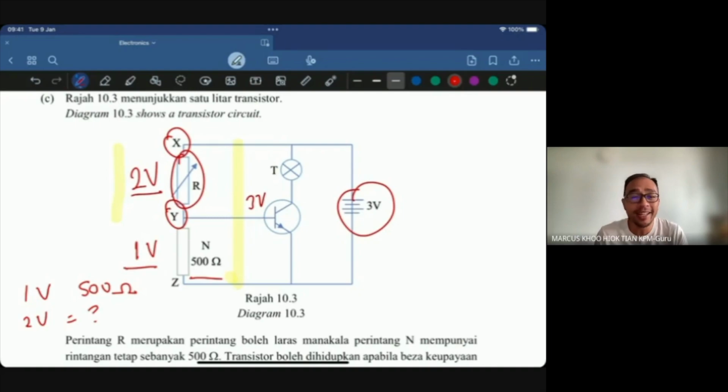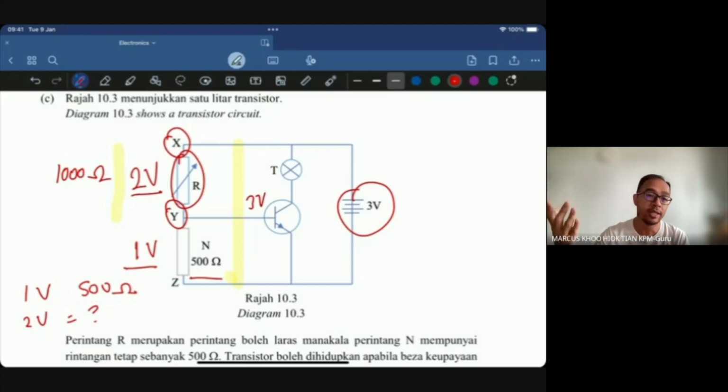There's really nothing to count, I feel like it's free 3 marks. 1000 ohms. Because if you want 500 ohms to have 1 volt, you need 1000 ohms to have 2 volts. Because the bigger the resistance, the bigger the voltage. That relationship is very important.